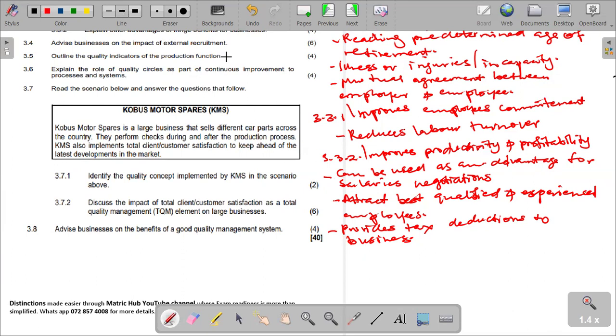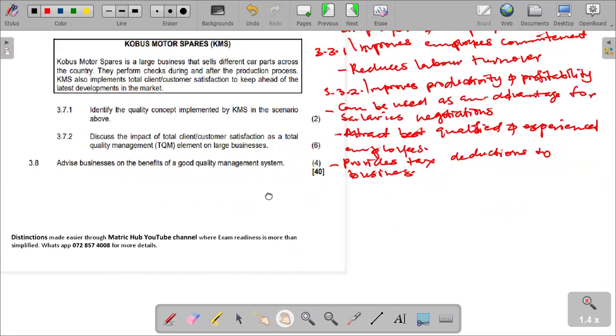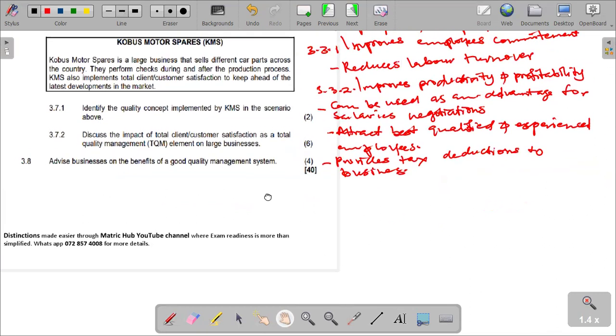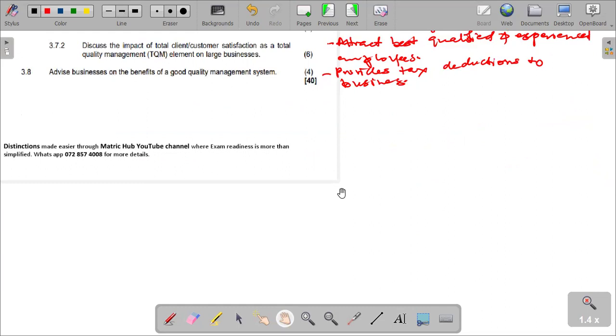So we need to identify the quality indicators of the production function, to say that if a department is working, what is it that we can identify to say that there is quality of service in production, I mean, in terms of the production function, quality indicators in the production function.